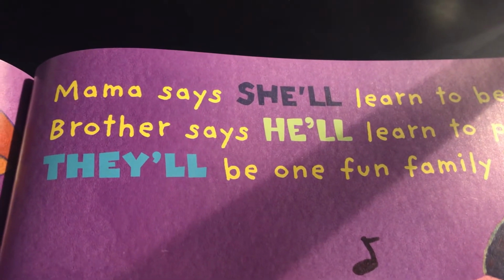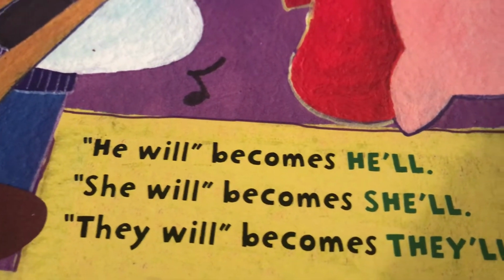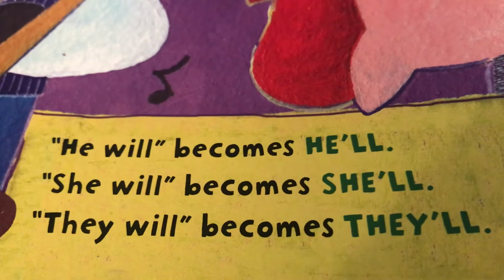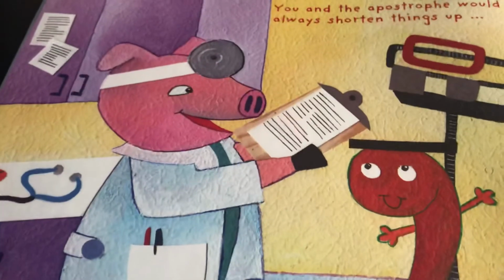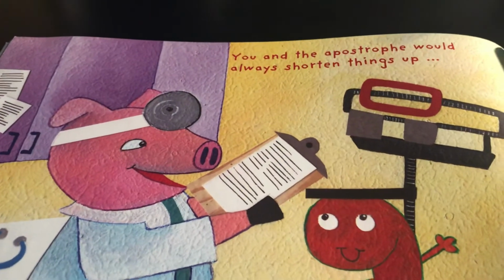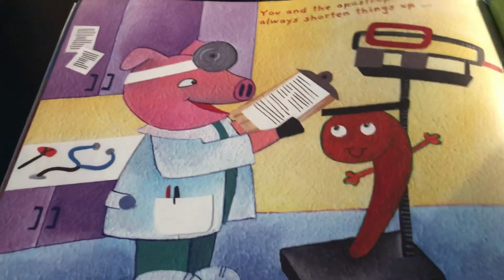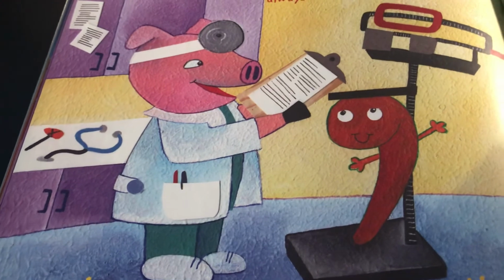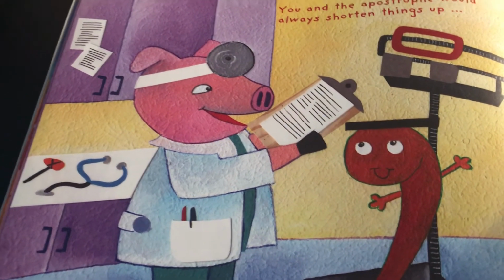There go your contractions. So he will becomes he'll. She will becomes she'll. And they will becomes they'll. You and the apostrophe would always shorten things up. If you were a contraction. The end.